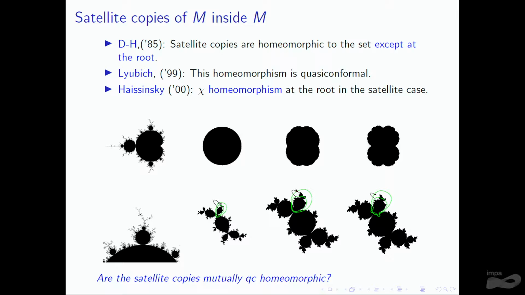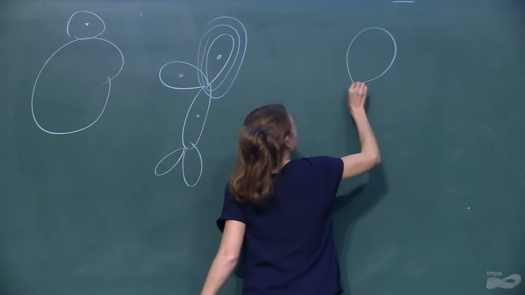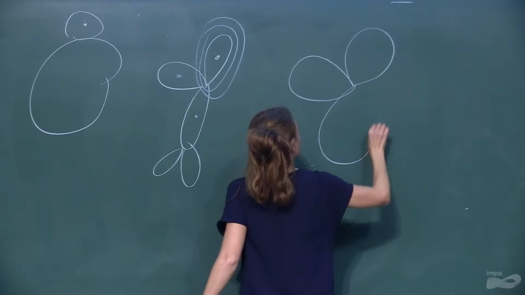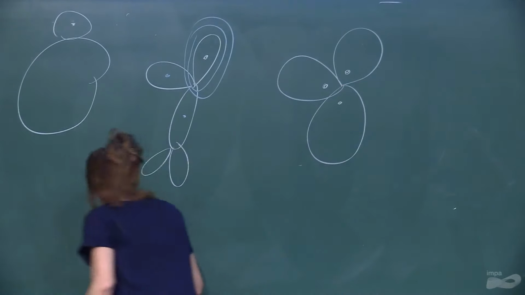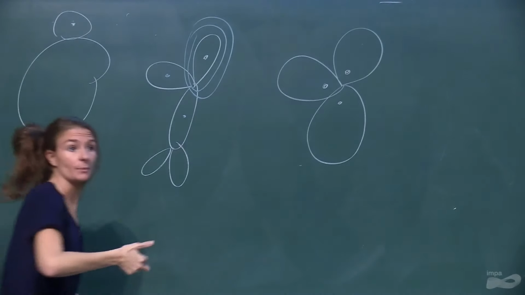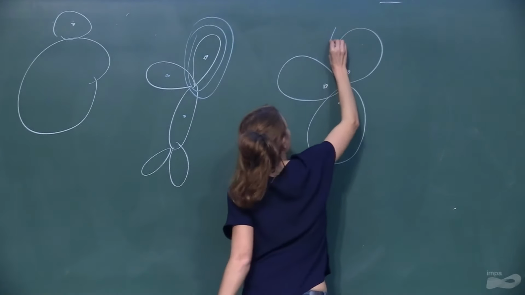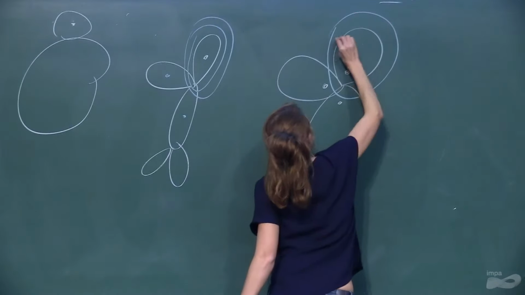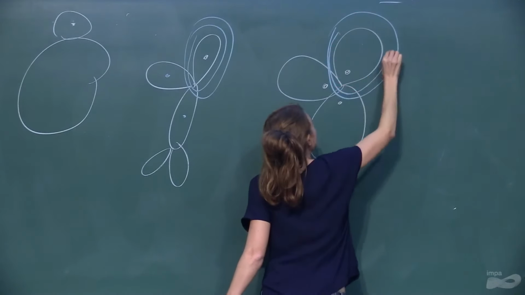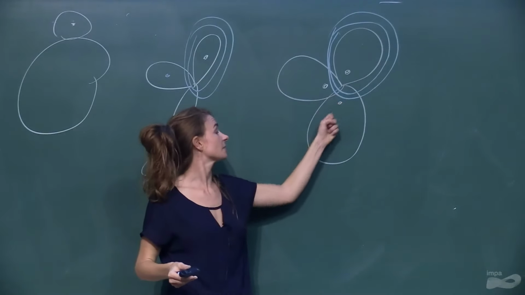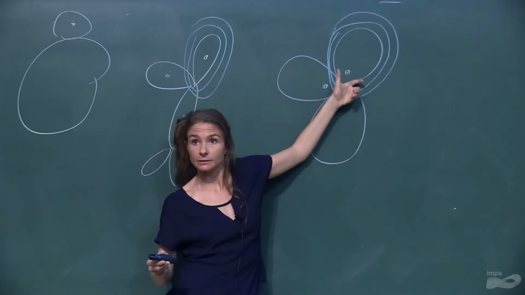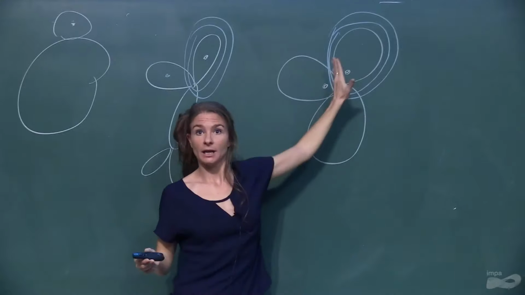And what you see is something like this. I can still take a polynomial-like restriction, but I have less space. Because if I take these points in, here the preimage wouldn't be compactly contained, because I will have an attracting direction.